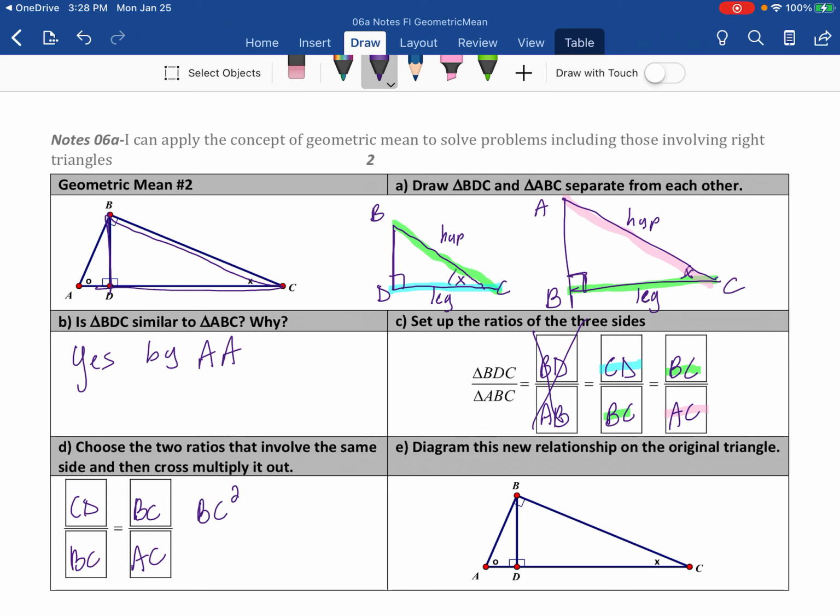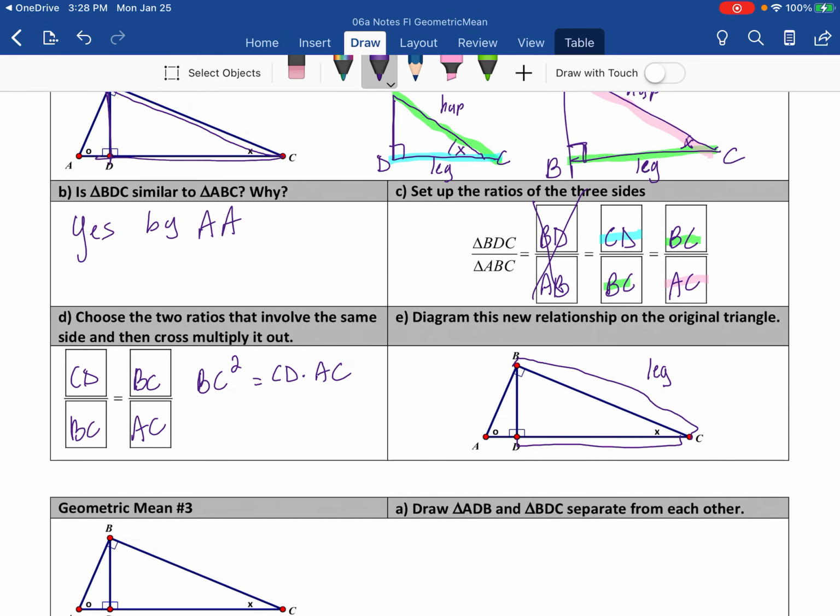So when I cross multiply, I have BC squared is equal to CD times AC. And so when I look at this, it's BC squared, which is a leg of my right triangle, is equal to CD, which is actually part of my hypotenuse, times AC, which is my whole hypotenuse.